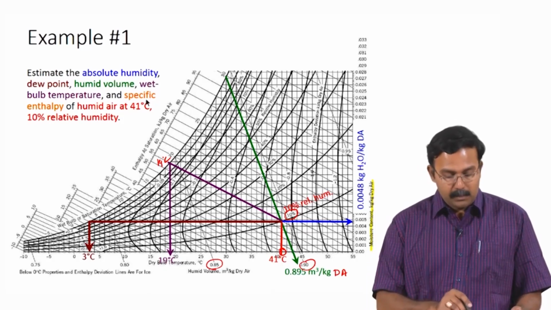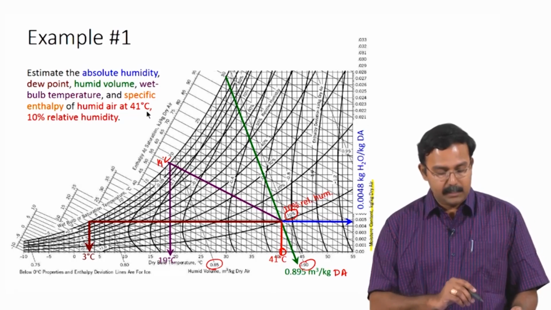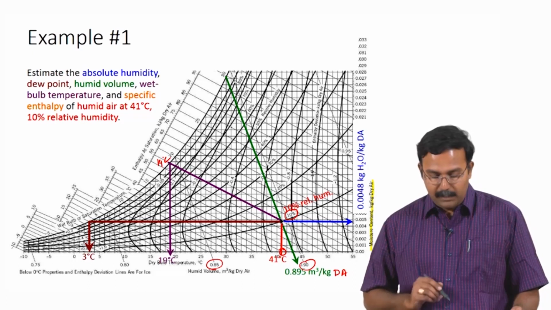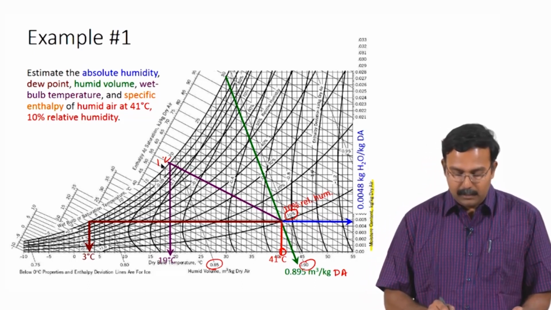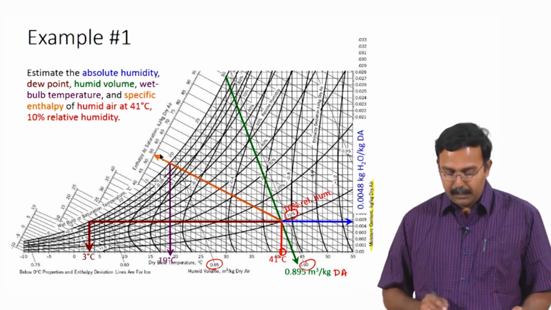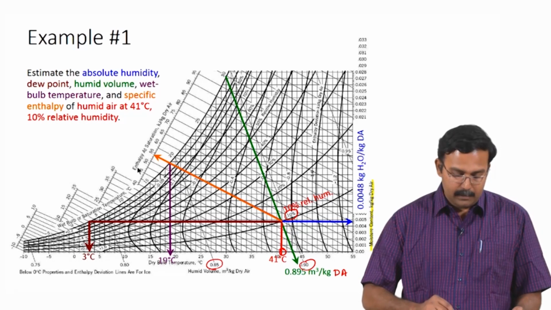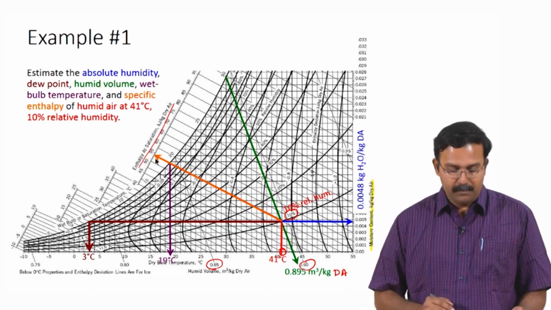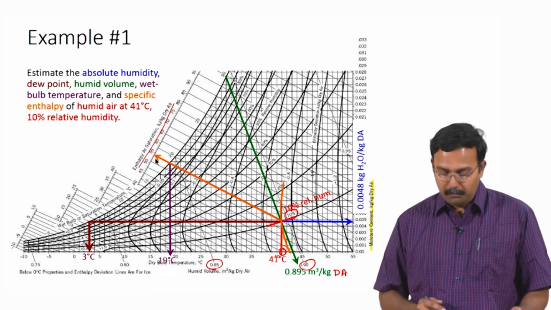The next aspect is to identify the specific enthalpy of humid air at 41 degrees Celsius and 10% relative humidity. Again, for identifying the specific enthalpy, we draw the same line we used for wet bulb temperature and read the value on the enthalpy axis at the saturation curve. This lies between 54 and 55, and has been identified as 54 point something.